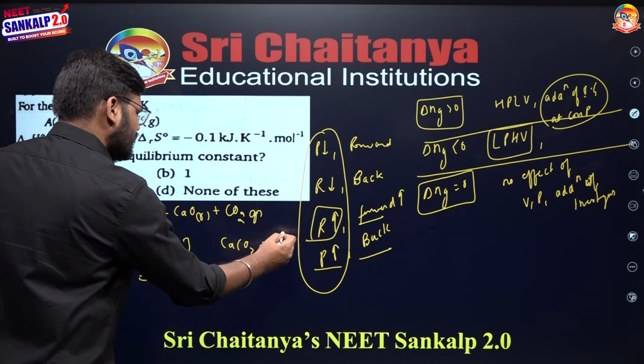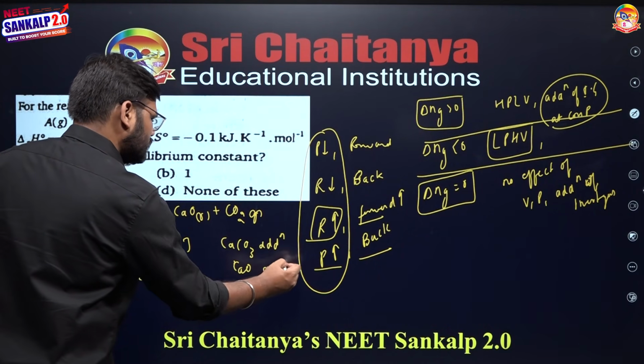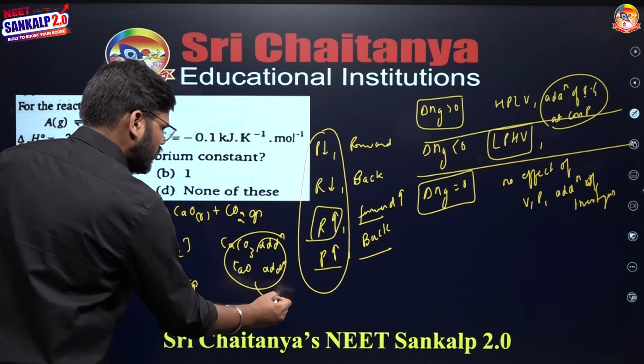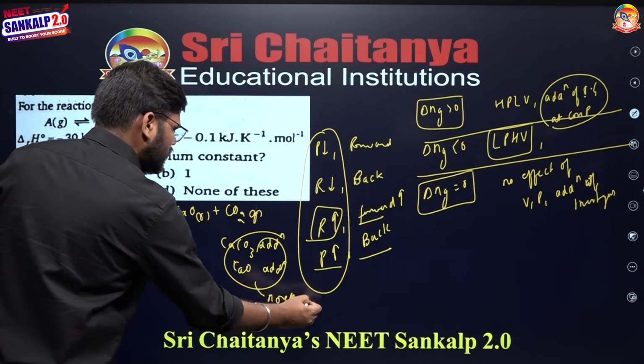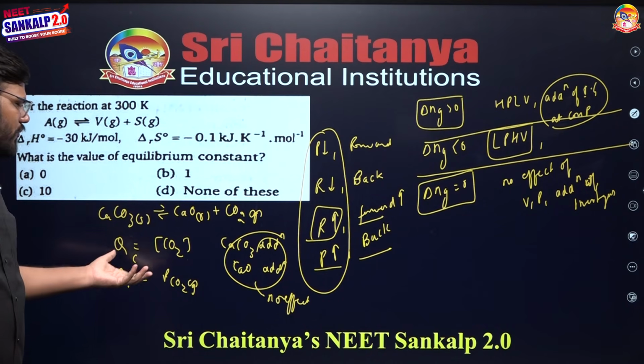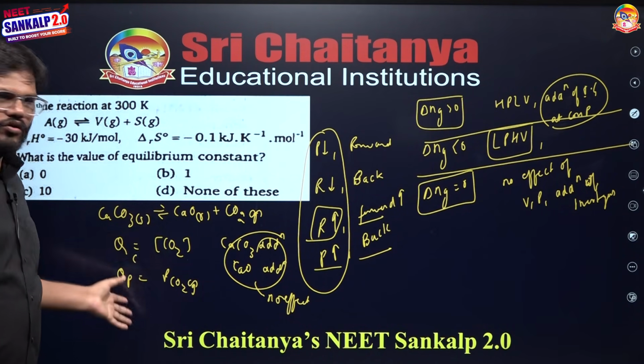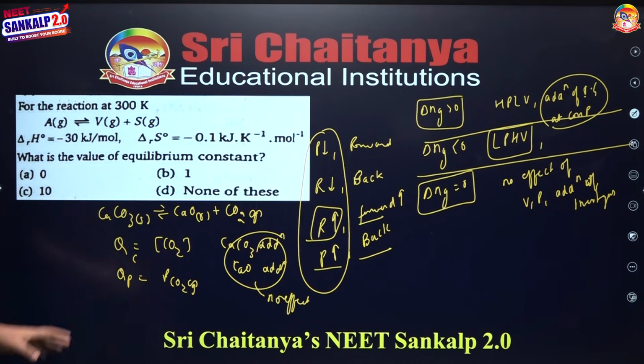If you add this, there will be no effect. Calcium oxide addition, no effect, as they are solids and not part of the equilibrium expression. So addition or removal of calcium carbonate, addition or removal of calcium oxide will have no effect here. That is one of the important things.